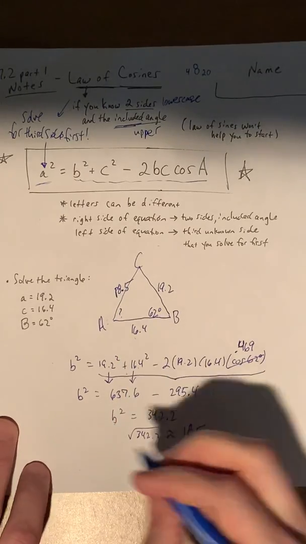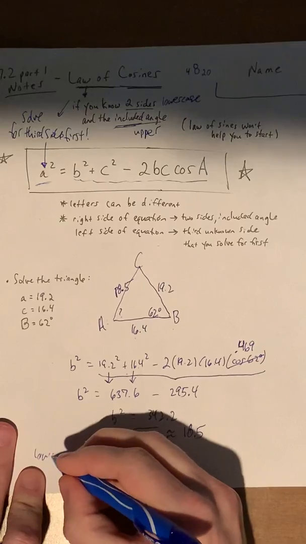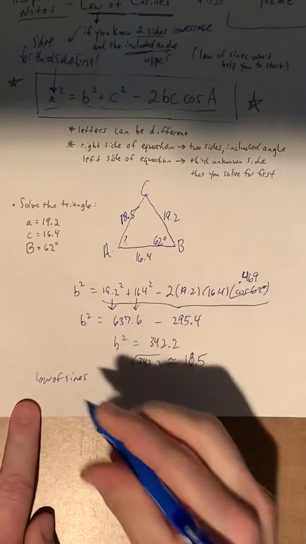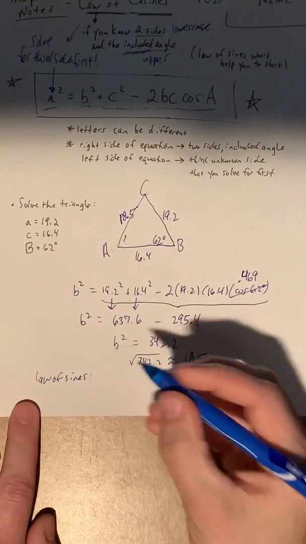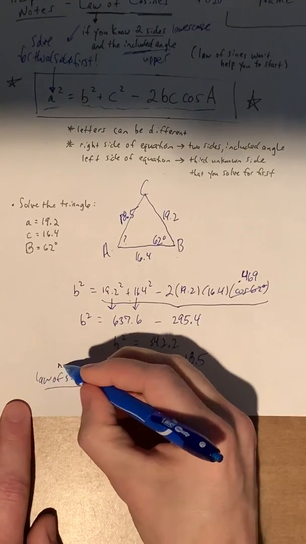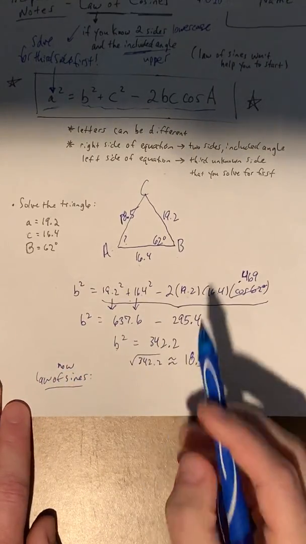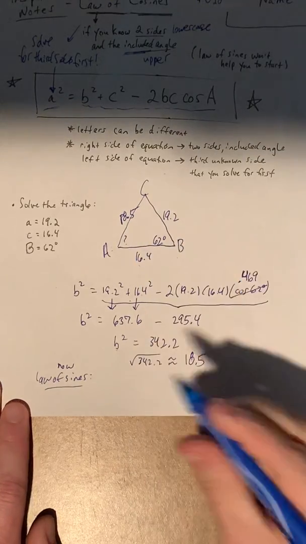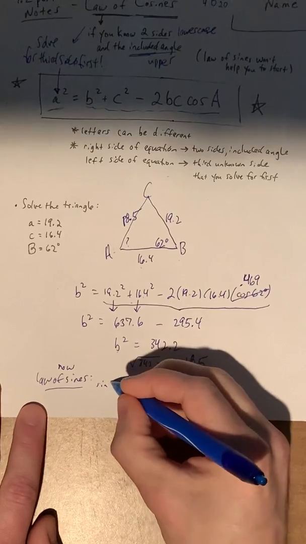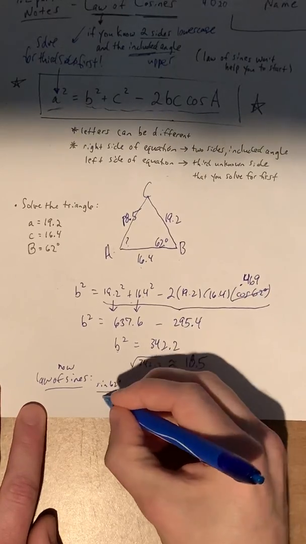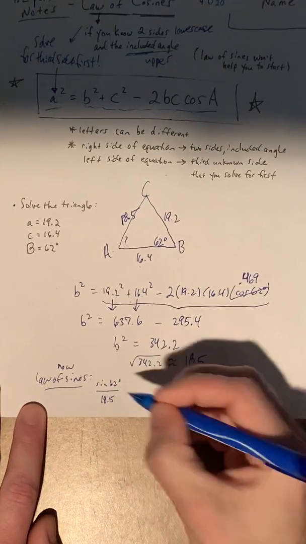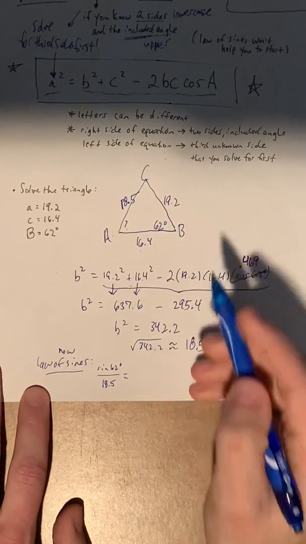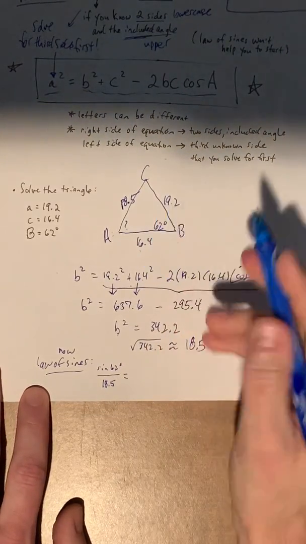So law of sines next. The sine of 62 over 18.5 equals the sine of A over 19.2.